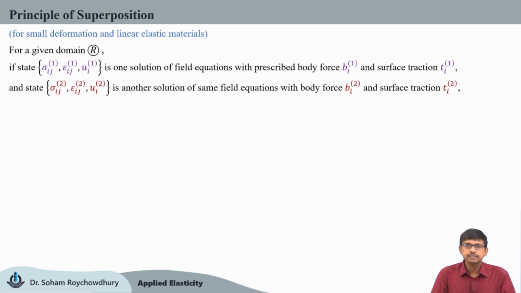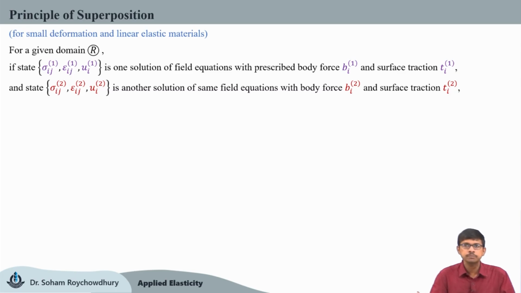Then we consider another solution, sigma_ij^2, epsilon_ij^2, u_i^2, as the second solution of the same field equations, but with a different body force B_i^2 and a different surface traction T_i^2. So, we are taking the same body, the same continuum described by the same set of field equations, subjected to a first set of body force and surface traction B_i^1 and T_i^1.